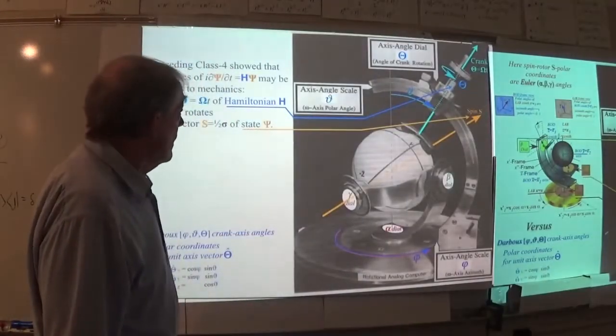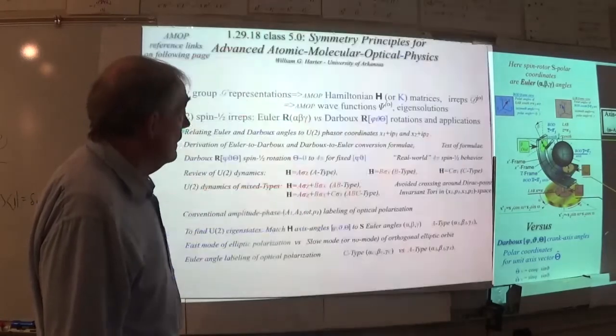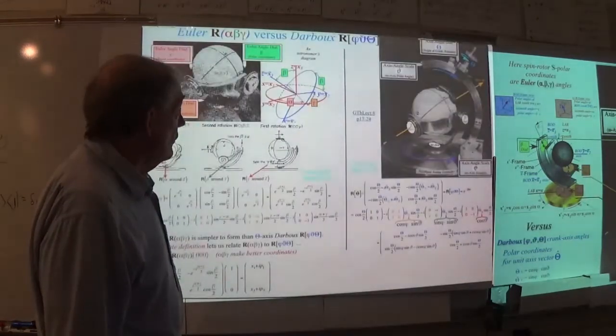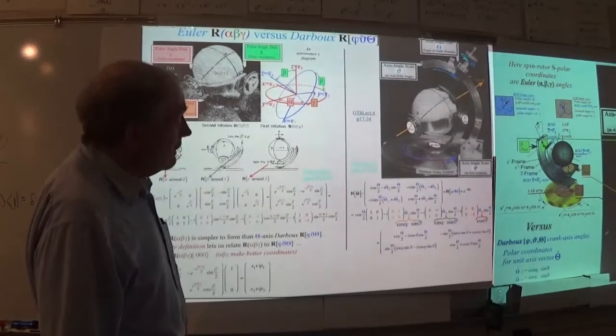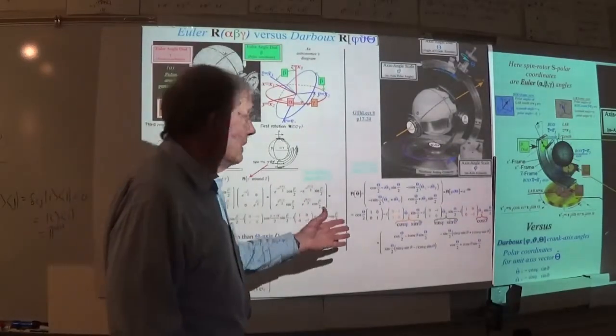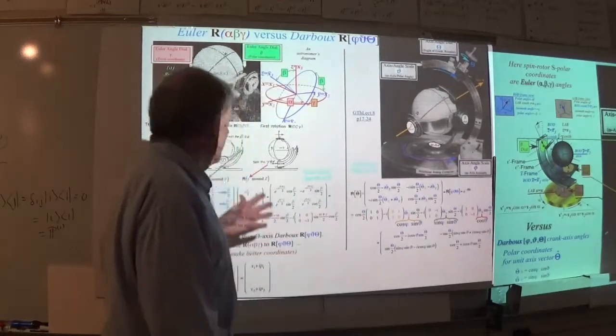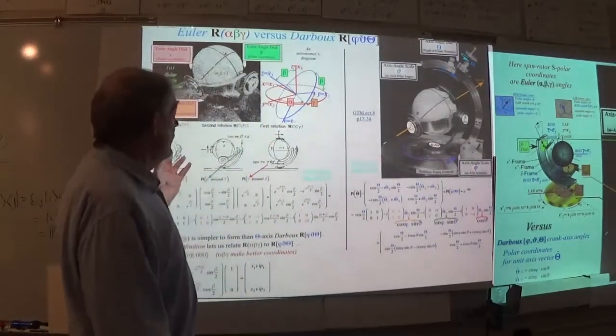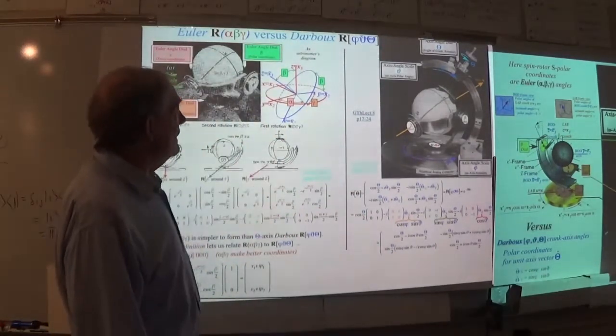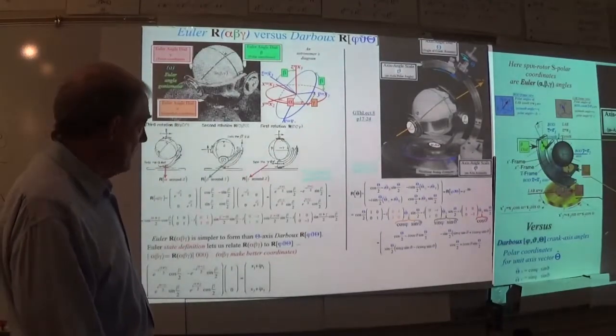I've already said a few things about the angles here that we need. And now it's time to make the connection between the rotation that does it with a crank and the rotation that does it with 3 settings of the alpha, beta, and gamma angles.